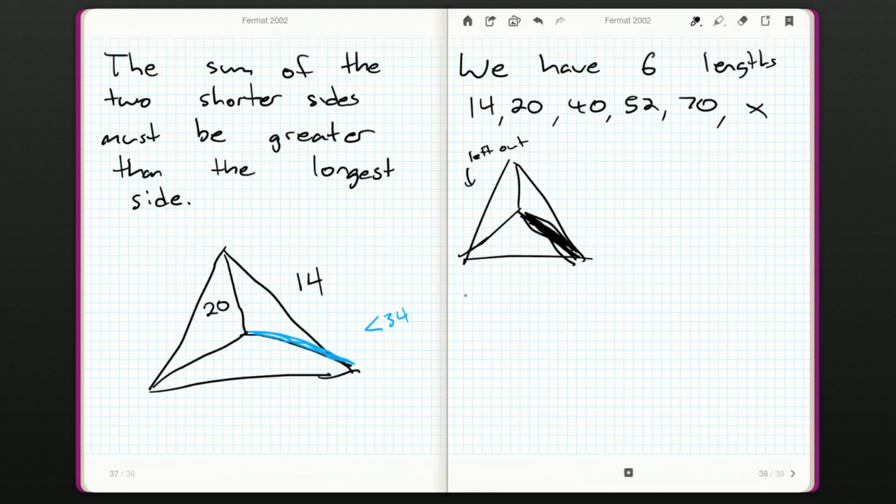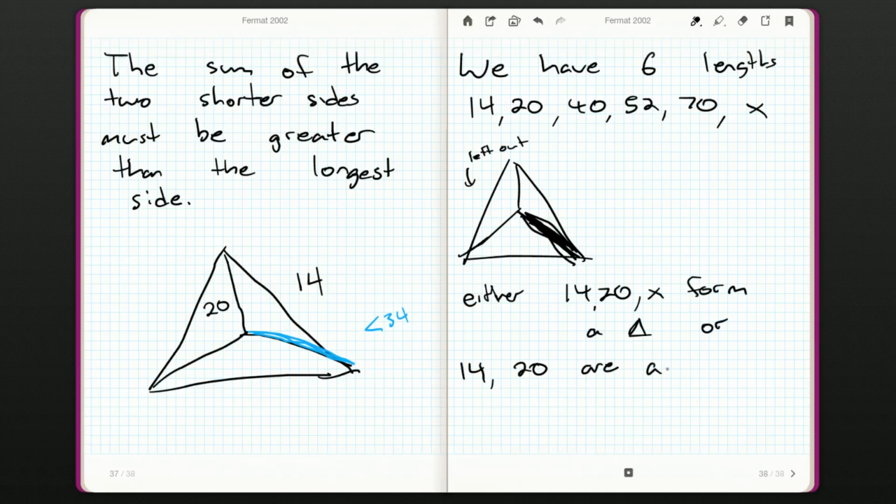So either we have 14, 20, and x form a triangle, or 14 and 20 form no triangles whatsoever, because none of the other possible values other than x can possibly be less than 34, and that would mean we don't form a triangle here.